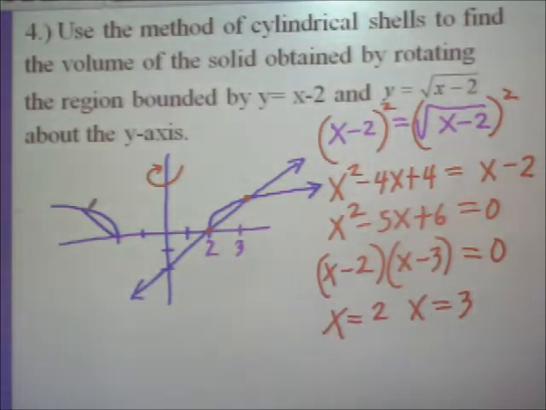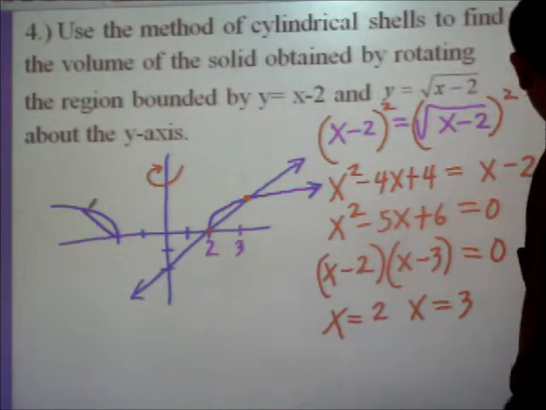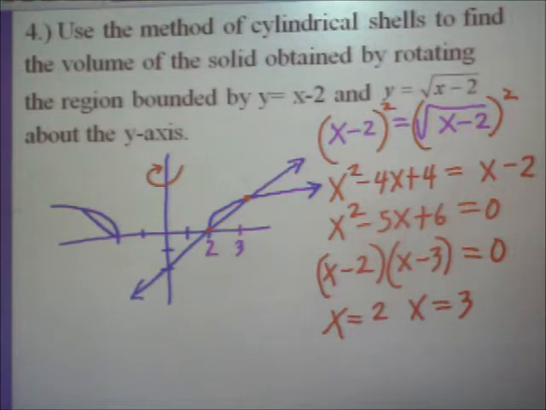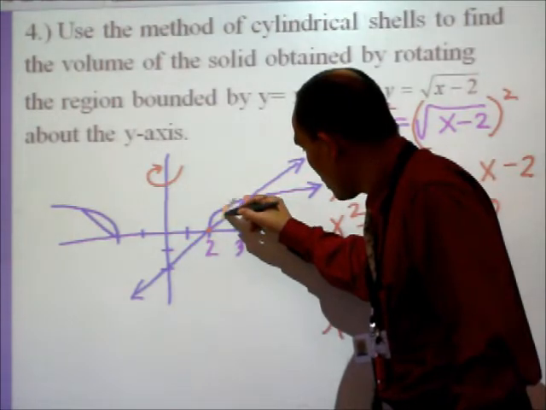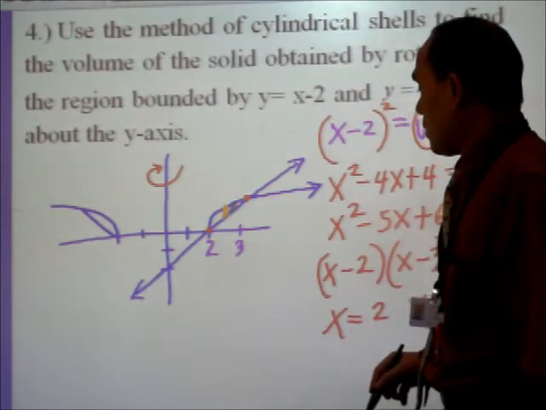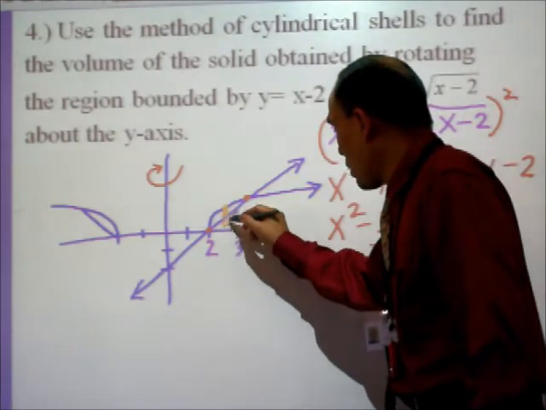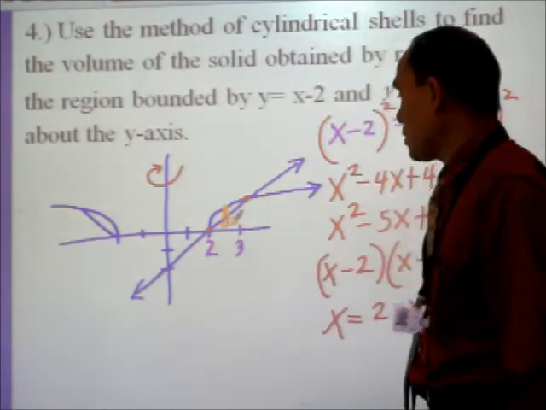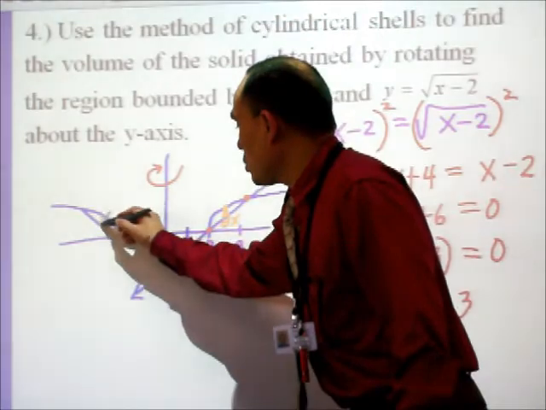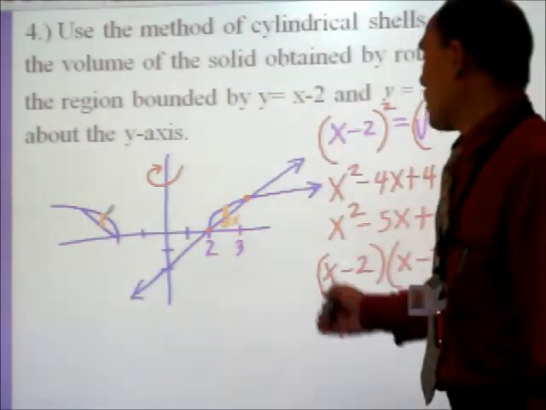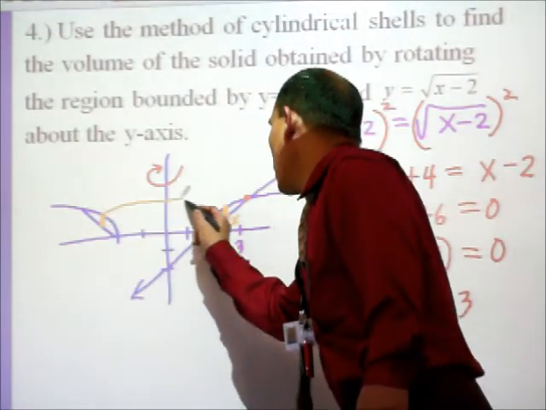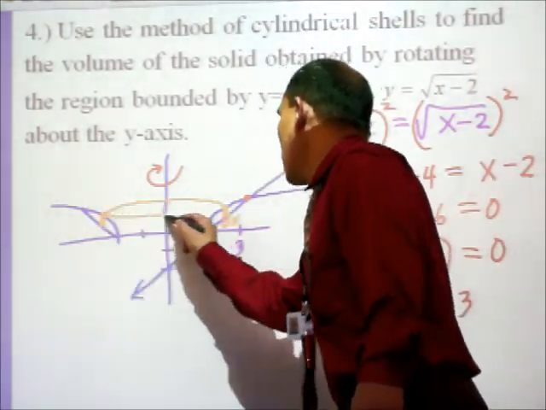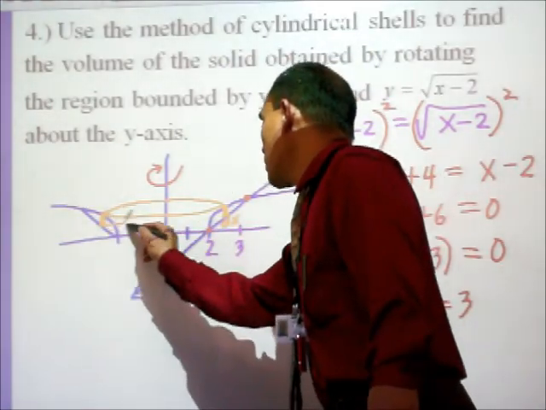And now the cylindrical shells method says that we are going to choose a generic strip here, and its width is actually dx, and we are going to rotate that strip about the y-axis so that we can form what we call a cylindrical shell.